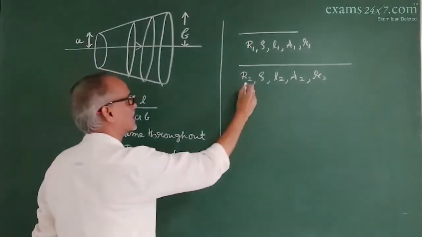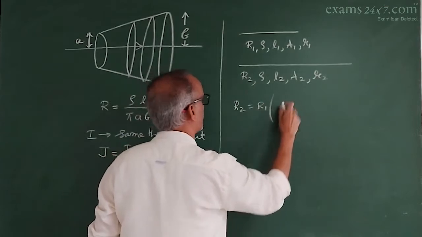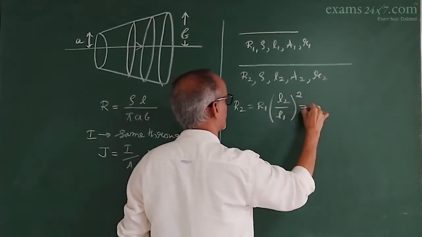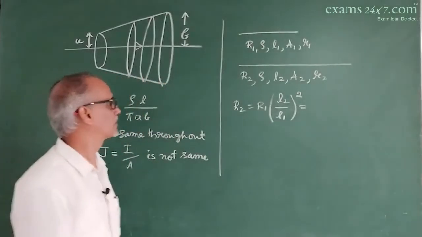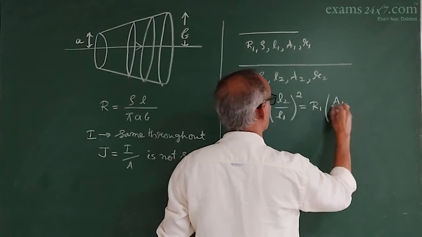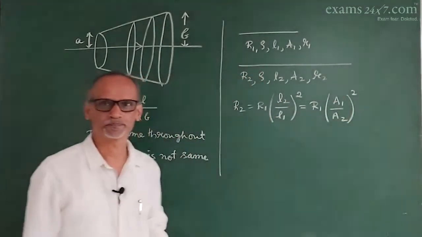And the new resistance R2 is given by R1 into L2 by L1, the whole square. That is also equal to R1 into A1 by A2, the whole square.